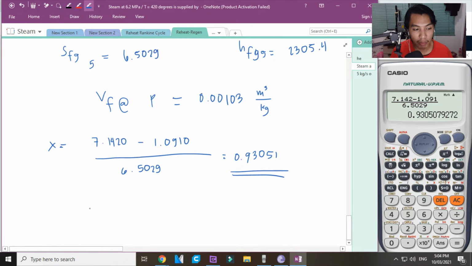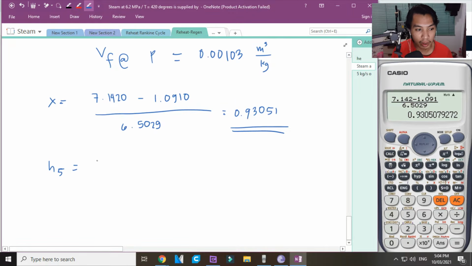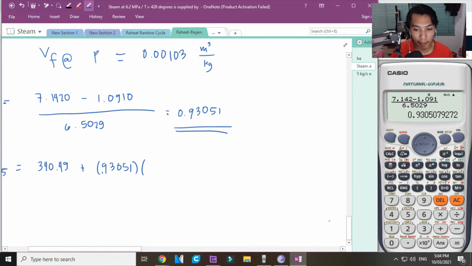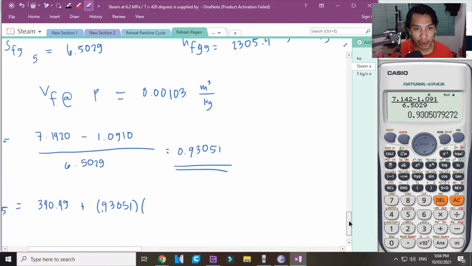And then you will have to solve for H5. H5 is HF, 340.49, plus 0.93051 multiplied by HFG, 2305.4. That is solvable.